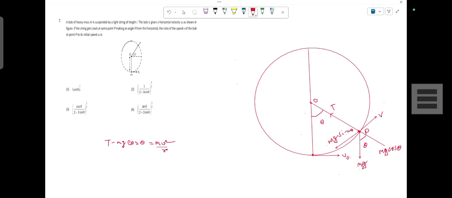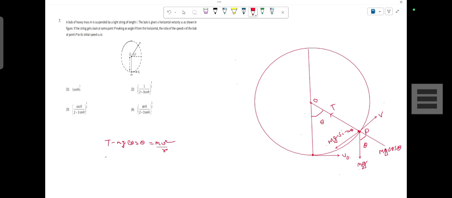Okay, this force T minus mg cos theta provides the necessary centripetal force mv square by r required by the body, where v is the linear velocity of the body at point P.